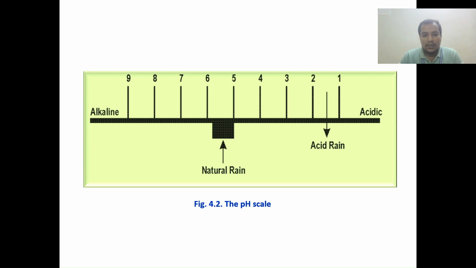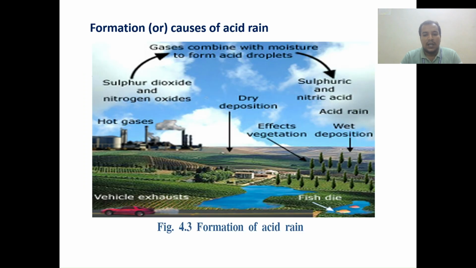Normally the pH of water is 7, but acid rain has a pH of less than 6, less than 5, so 1, 2 or 3. These are the pH scale values of acid rain, and this is the graphical form.